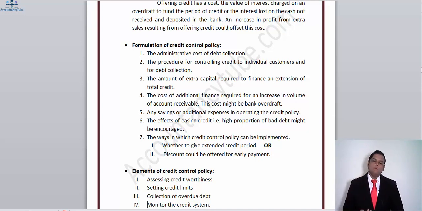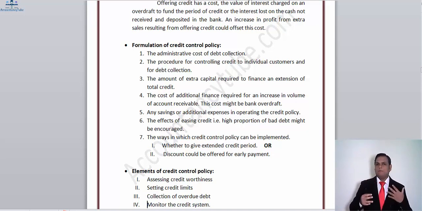It's obvious that whenever we give credit, the amount that gets locked in the market with our customers needs to be funded from somewhere else. So this is also a consideration when making a credit control policy.